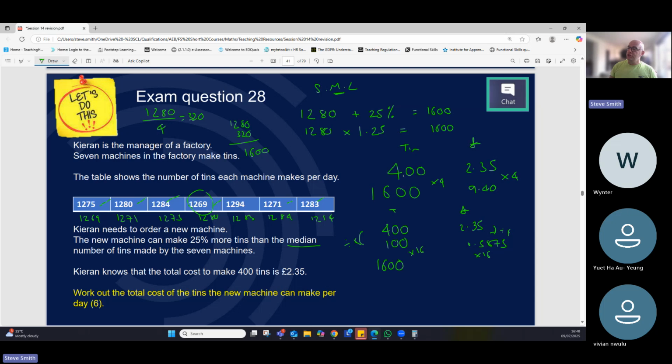I can see that number's 4 times bigger, so I'm just going to times that by 4 anyway. Yeah, you could go 1600 divided by 400 times by £2.35 equals £9.40. Absolutely.